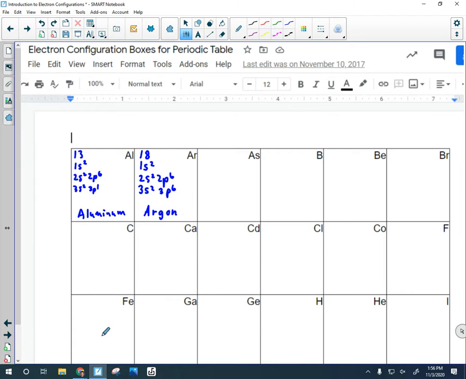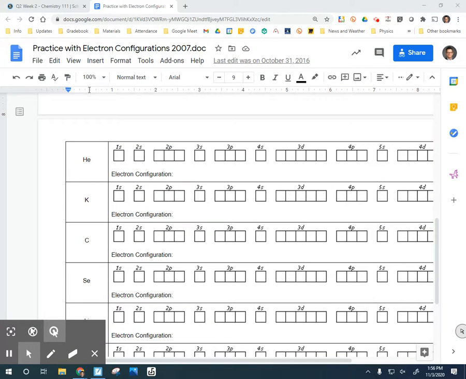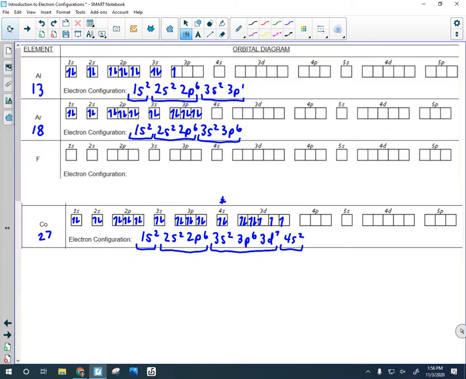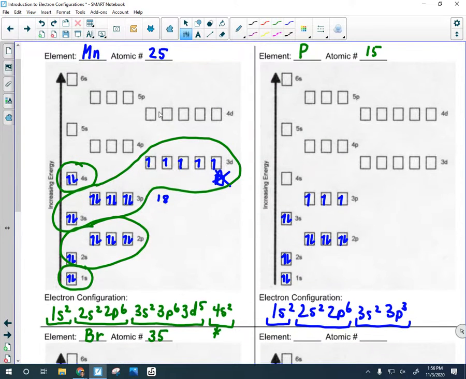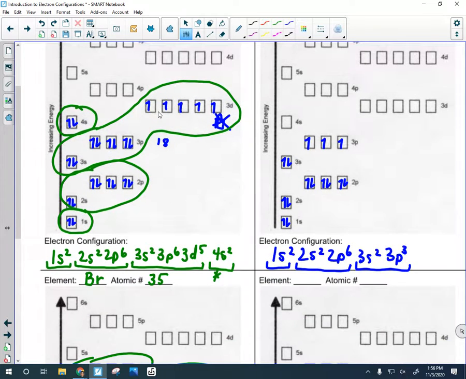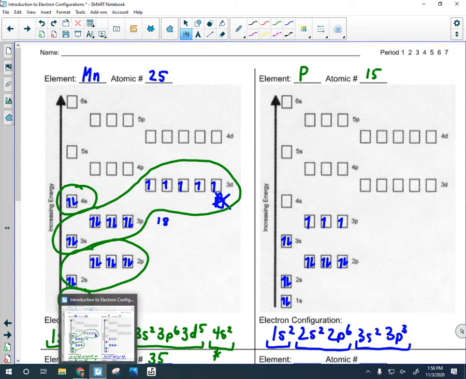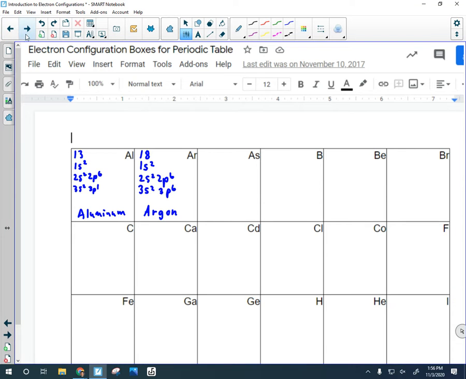And then we also had the handout from a couple days ago, or one day ago, I guess. So you've got some examples that you did on this handout. You could also go ahead and do those first. And then again, Thursday in class, you will have time to finish up the rest of the examples on this sheet. Okay?